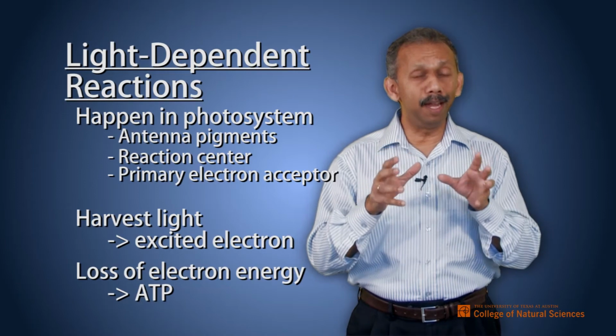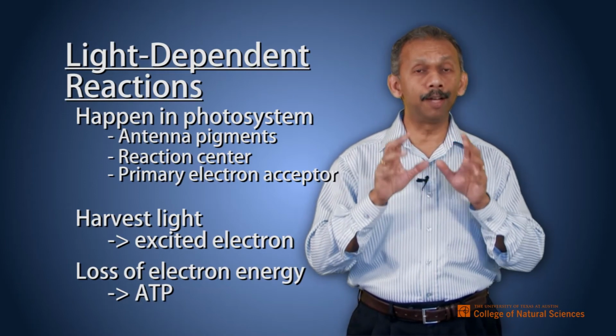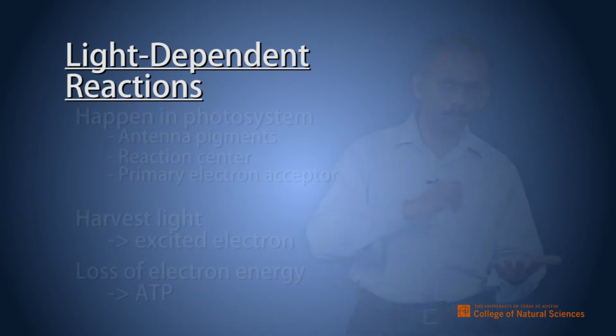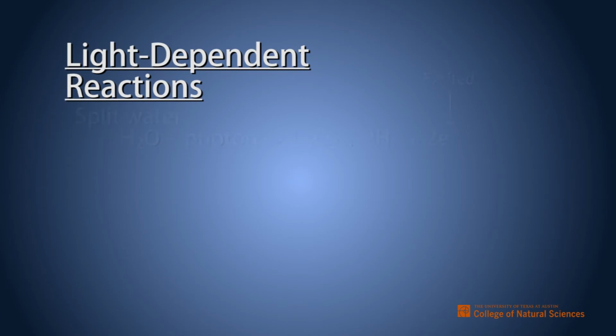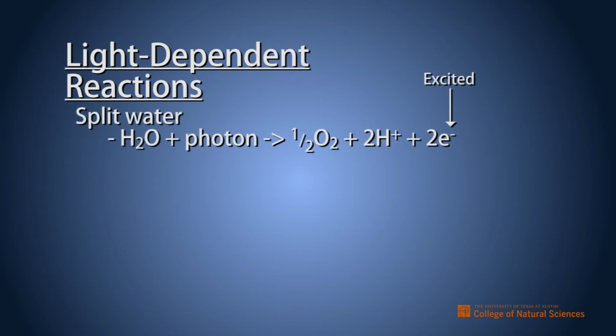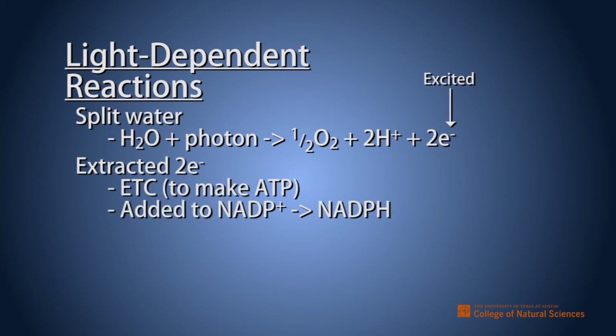But the main point in the light reaction is also that the photosystem has a water-splitting complex. It splits the water to extract the electrons, and those are what get excited as part of the reaction center chlorophyll.